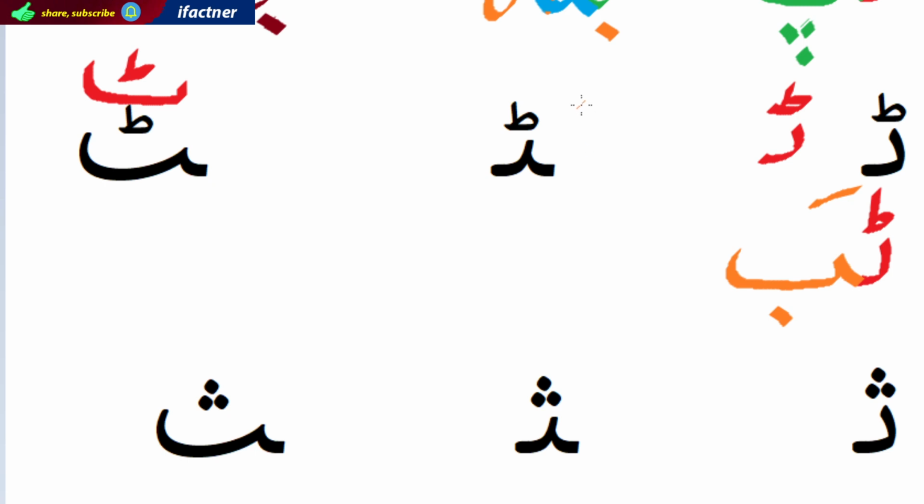The next shape of te is this connector and then the little part of te. Let's suppose we want to write batta. Batta is not an Urdu word, but let's write it down. So I write be like this and then te and in the end alif, batta.